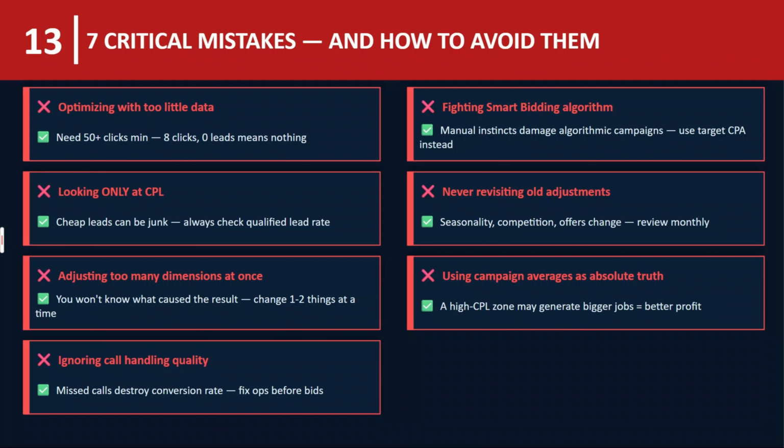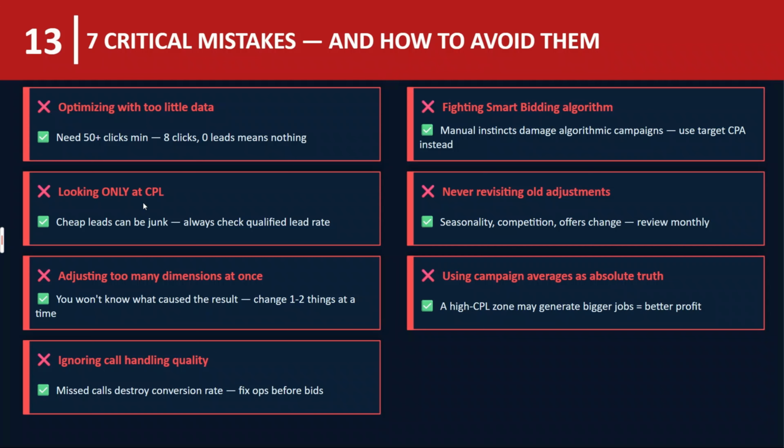Before we finish, let me tell you the 7 most common mistakes people make with bid adjustments. Avoid these and you will be ahead of 90% of advertisers. Mistake 1: adjusting with too little data. If you only have 8 clicks, that tells you nothing. Wait until you have at least 50 clicks before making a decision.